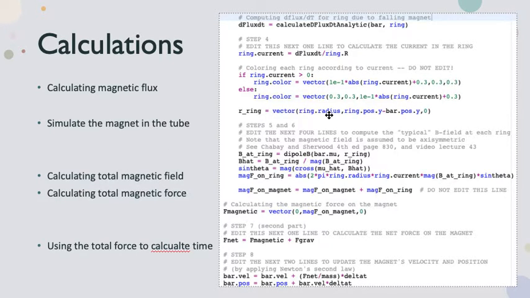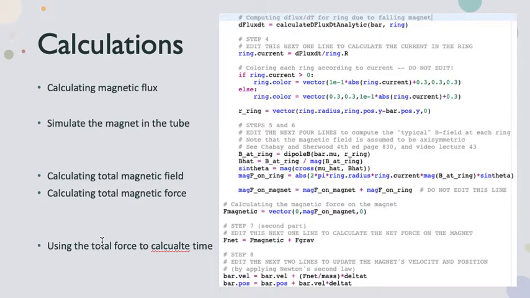Then this part of the code starts to simulate the magnet going through the tube, which will be shown in our final expression. Once that was done, we added together the total magnetic field, and with that we were able to calculate the total magnetic force.